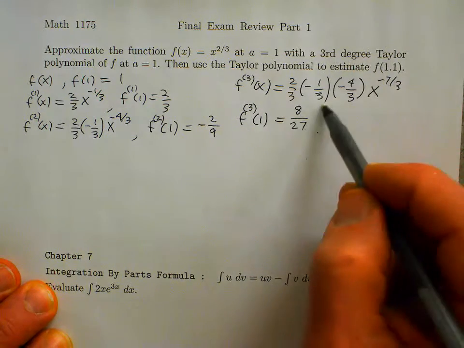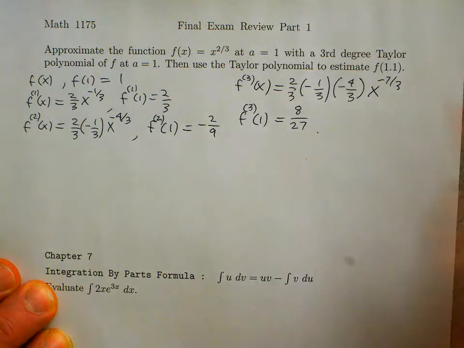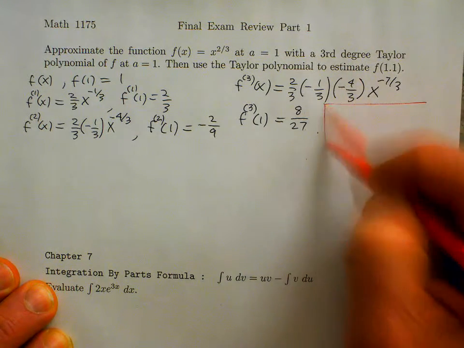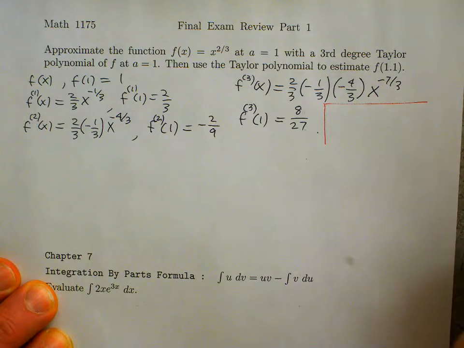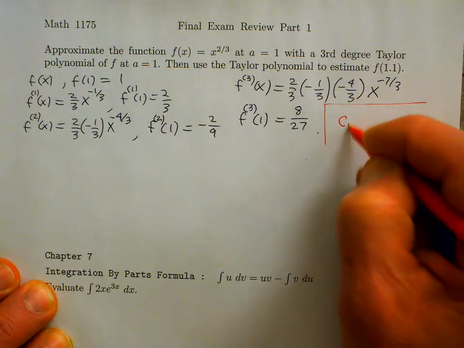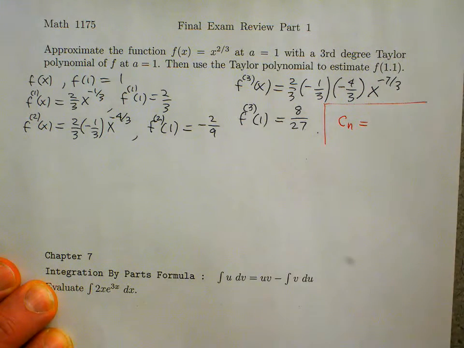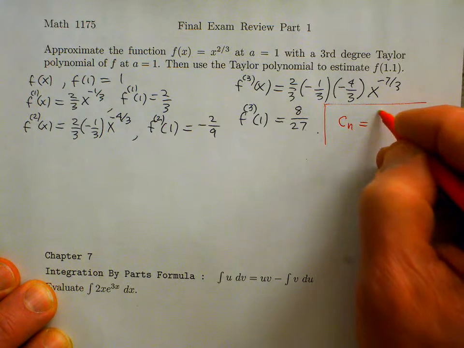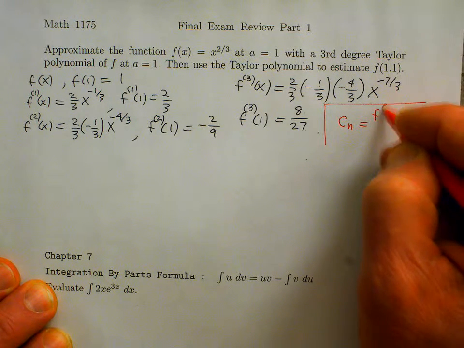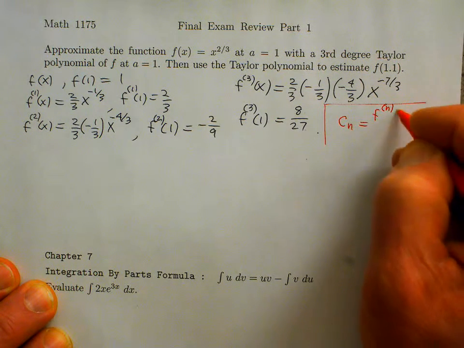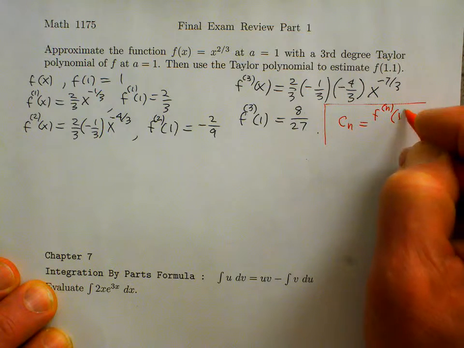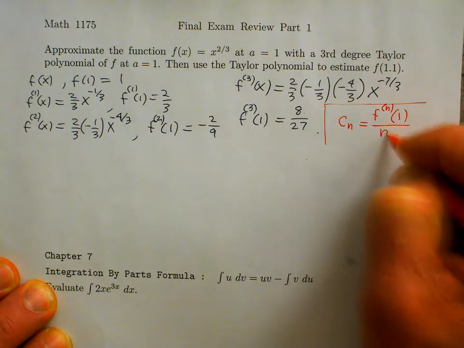Just as a reminder, the coefficients of this particular Taylor polynomial will be the nth derivative of f evaluated at 1 divided by n factorial.